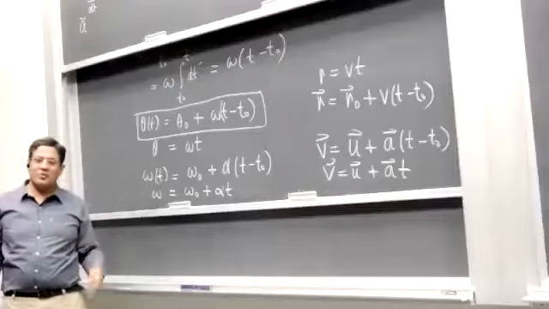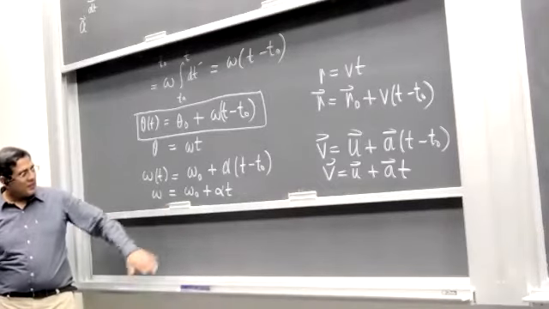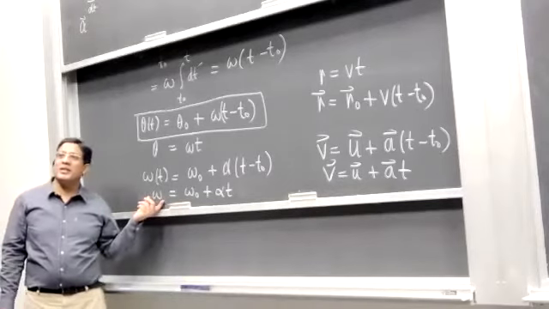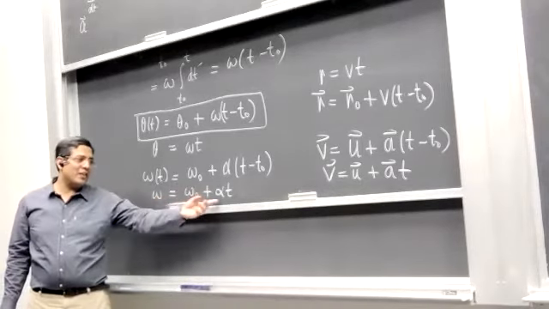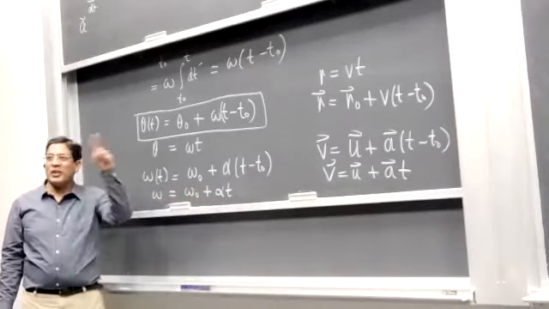So to make it clear for everyone, this is the equation for a rotating object. This equation describes the relationship between the angular speed and the angular acceleration for a rotating object, okay?